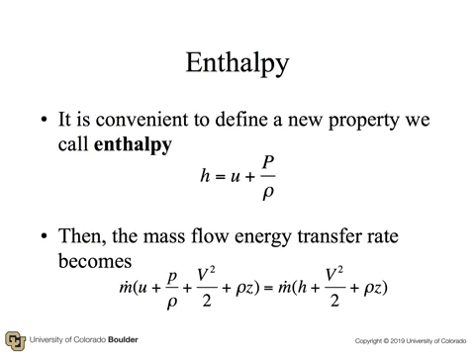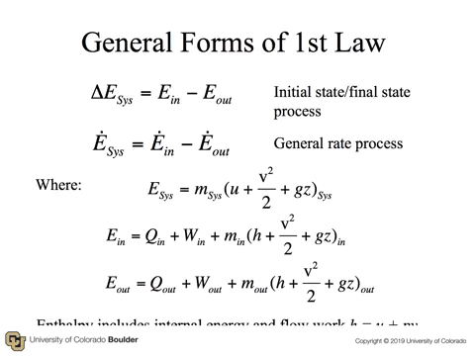Then the mass flow energy transfer rate into the control volume becomes m dot times U plus P over rho plus V squared over 2 plus rho Z, which is equal to m dot times the quantity H plus V squared over 2 plus rho Z. We now have everything we need to write the first law for either an open or closed system. Here we show the result for an initial final value problem or a general rate problem.